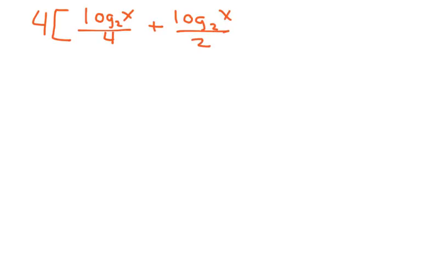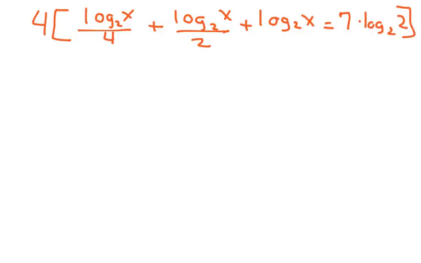We have 4 times log base 2 of x over 4 plus log base 2 of x over 2 plus log base 2 of x equals 7 times log base 2 of 2. We multiply through by 4.